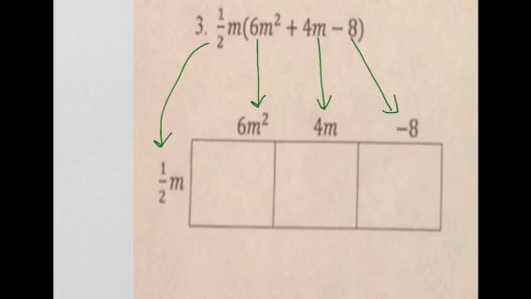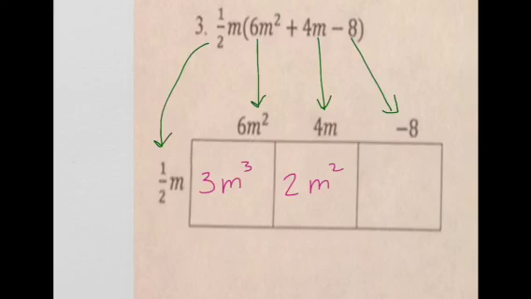Alright, let's do another one. So now we're going to do 1/2 m times the parentheses 6m squared plus 4m minus 8. So half of 6 is 3. M squared times m is m cubed. Half of 4 is 2. M times m is m squared.